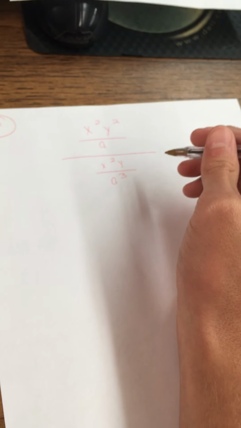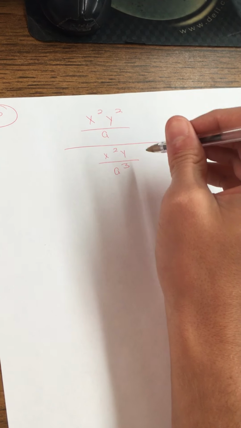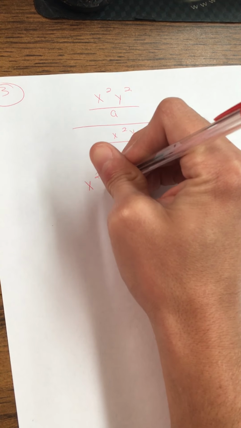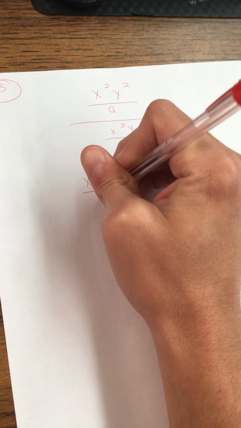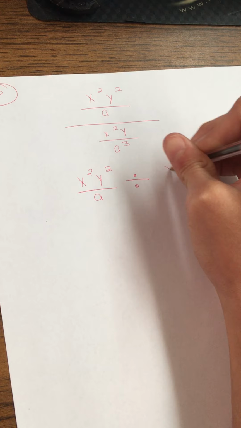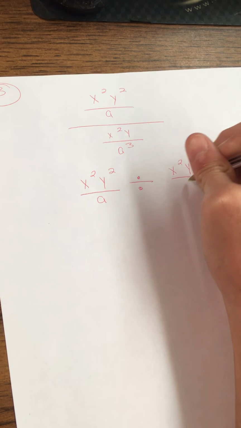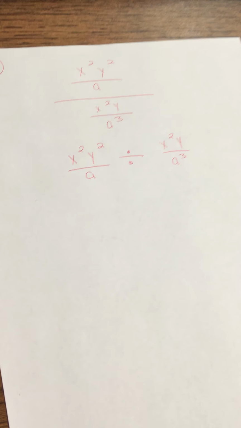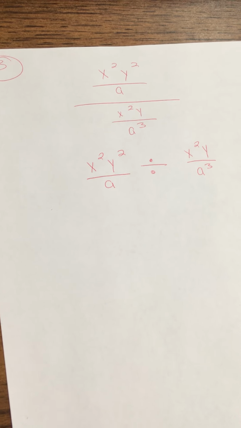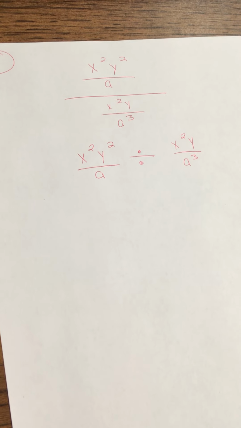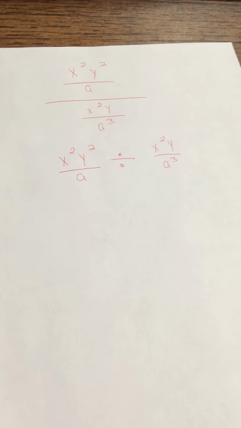So, long story short, don't let all of this confuse you, okay? All this is this, right? X squared times y squared divided by a, divided by x squared y times a to the third, correct? Don't let all that blow your mind and confuse you, because it shouldn't. It's not overly hard, okay?